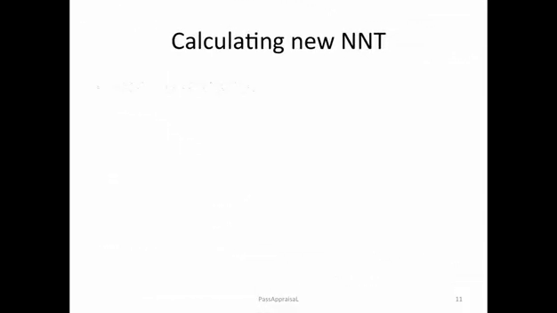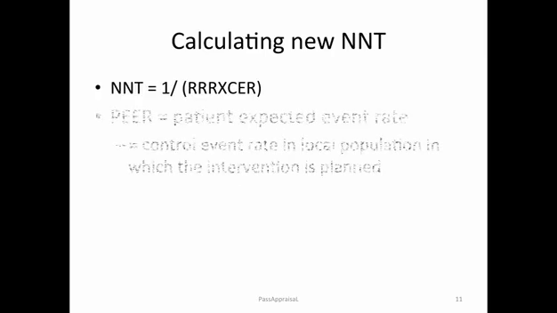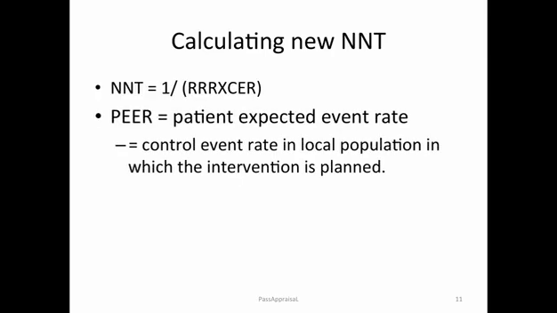We saw how NNT is equal to 1 by RRR into CER. We know PEER is the control event rate in local population in which the intervention is planned. In other words, PEER is nothing but new CER that is applicable to your clinic.